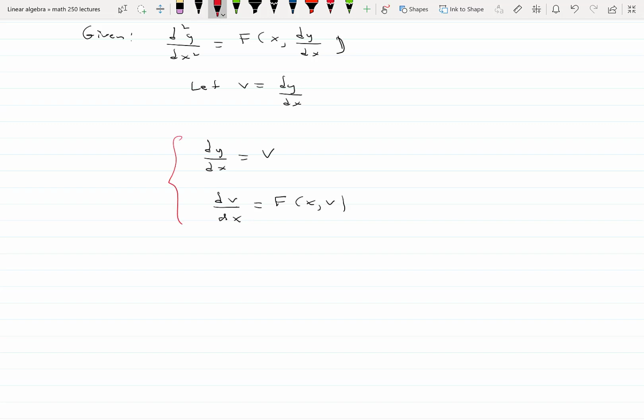Okay, so it transforms into the system of two differential equations to solve.